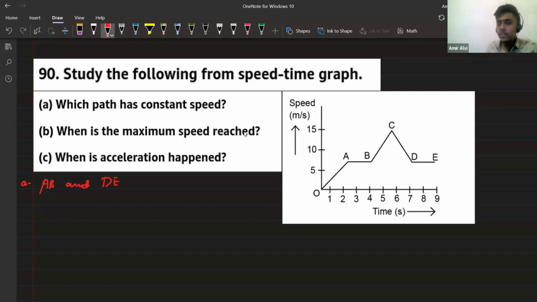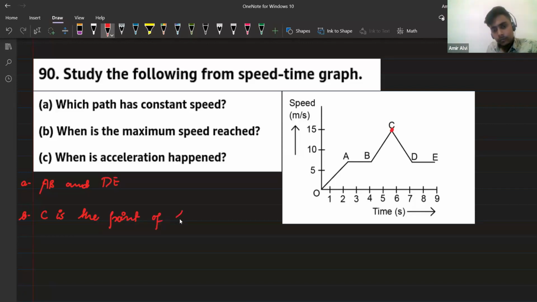Maximum speed reached means the highest point on the graph, so this is the highest point. Yes or no, everyone? This is the maximum speed, 15 meters per second, as you can see, right? So at point B to C, C is the point of highest speed. Clear, everyone?